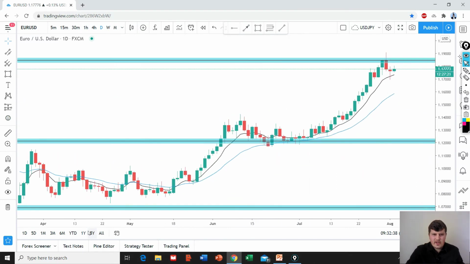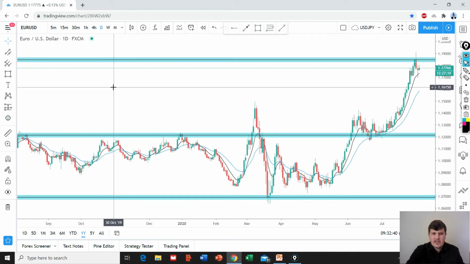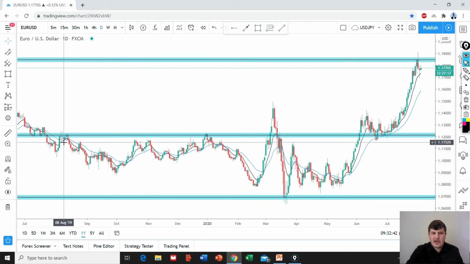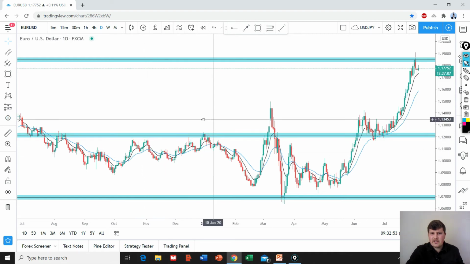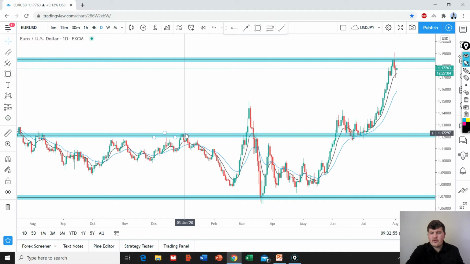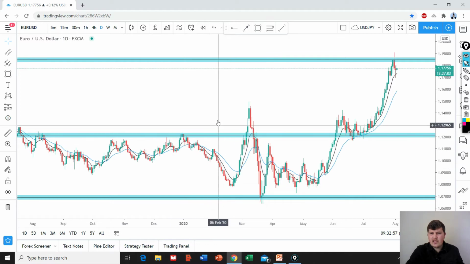So zooming out to 1 year time period, you can see that price tested this level. It's a resistance and continued lower. It almost came back and tested it again. Over here it had a reaction and it continued lower.